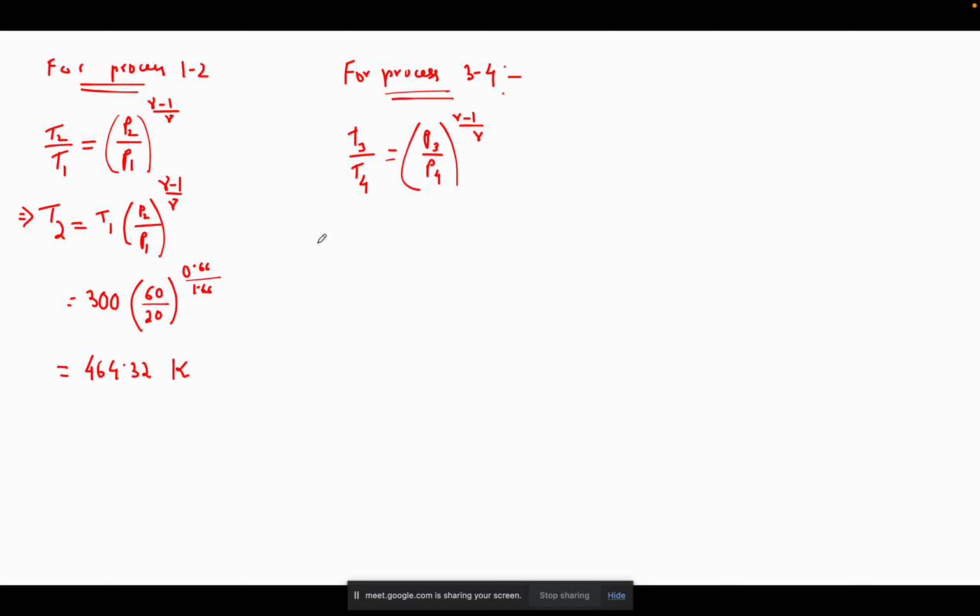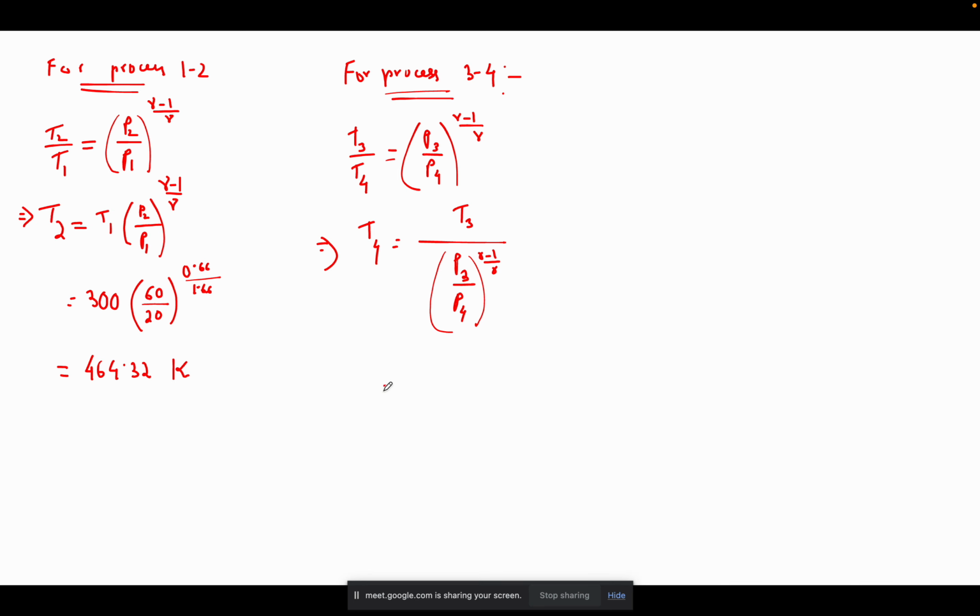We know T3, so we can calculate T4, which is T3 divided by P3 by P4 to the power gamma minus 1 by gamma.